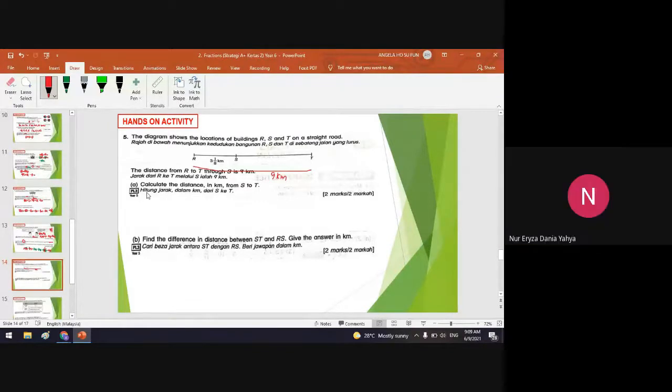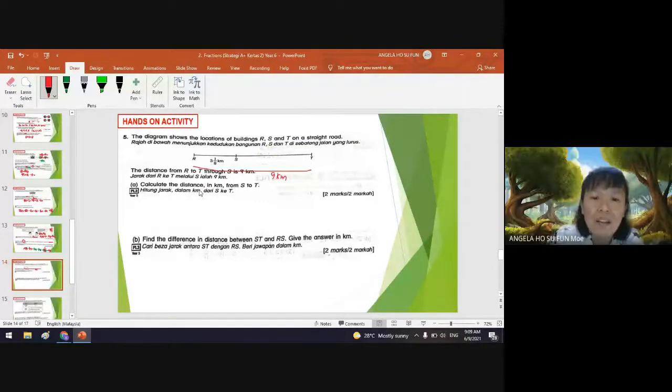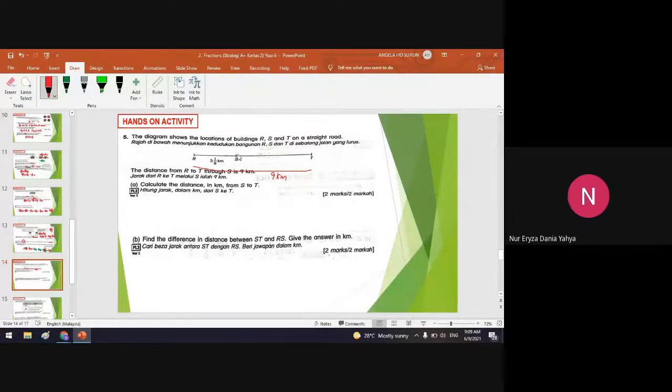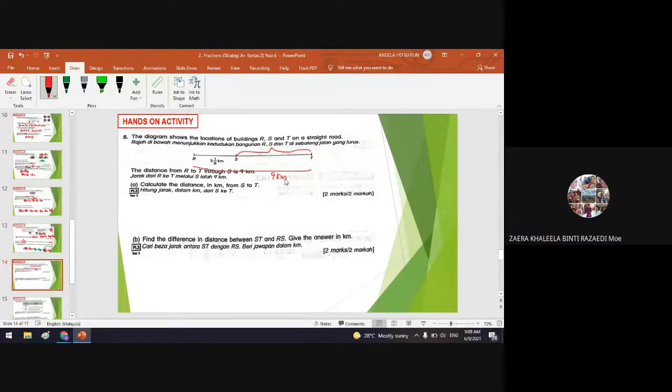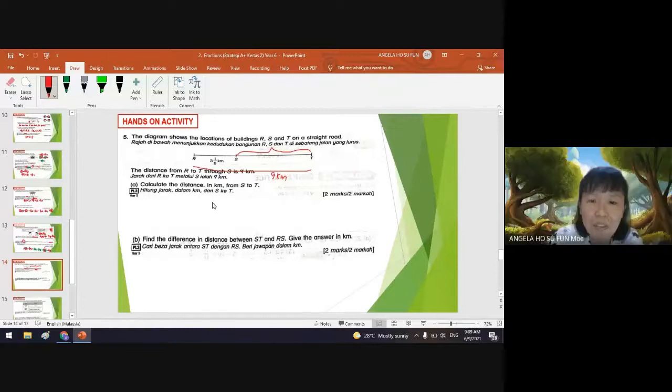A. Calculate the distance from S to T. How to find S to T? I already know the total length is 9 kilometers. Right, minus. Okay, everybody try to do this one.